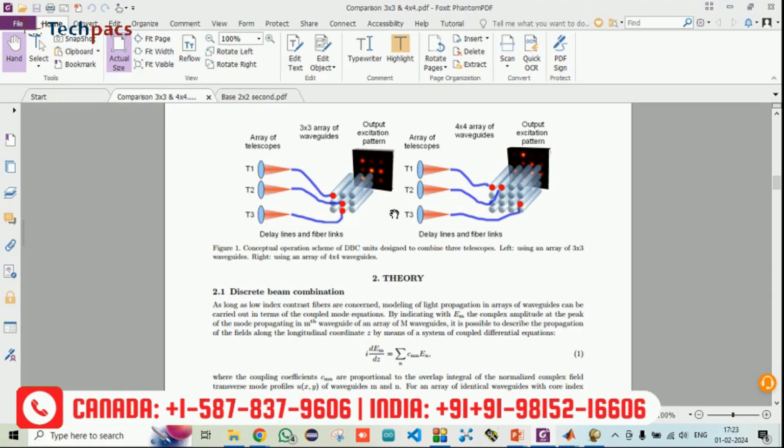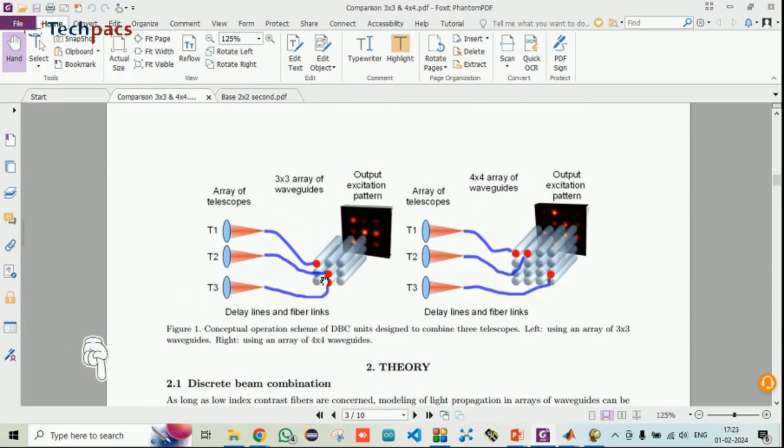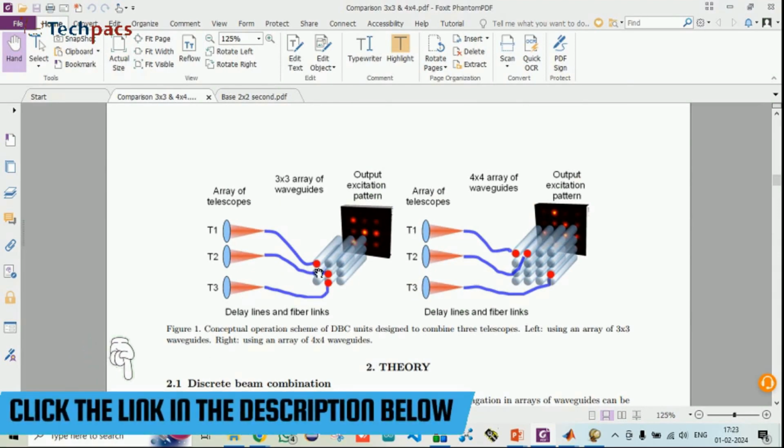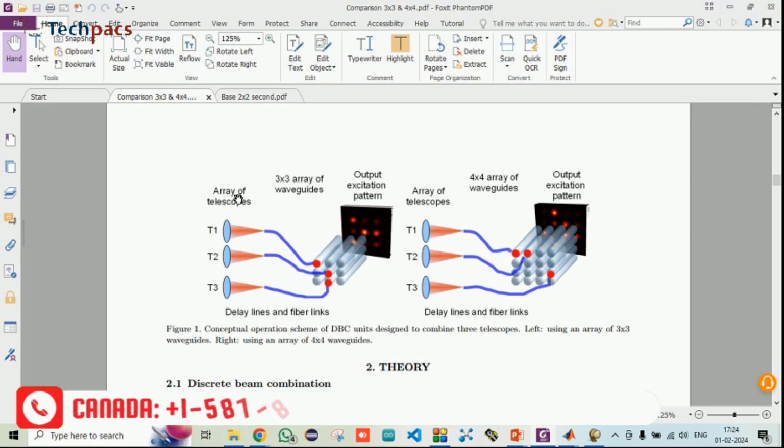Now the challenge in these discrete beam combiners was that a number of waveguides are there. Here you can see 3 cross 3, meaning a total of 9 waveguides. Which of the waveguides will give us better outcomes in terms of the visibility of the pattern that we are looking at from the telescope, those we need to select.